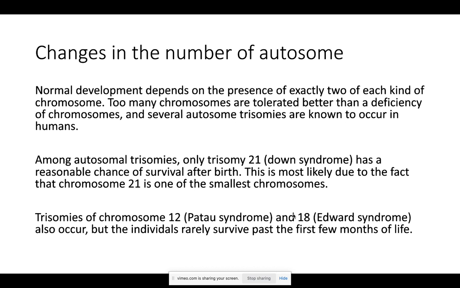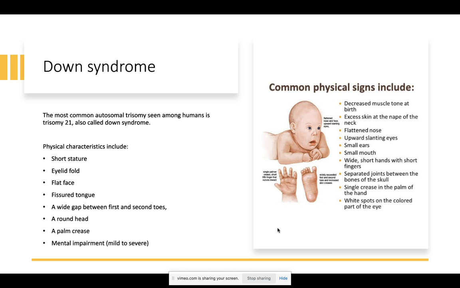Usually these children only live a few months after birth. Again, Down syndrome has a significantly different rate of survival than the average person with the correct number of chromosomes, but that is much better than these other trisomies, Patau and Edwards syndrome.